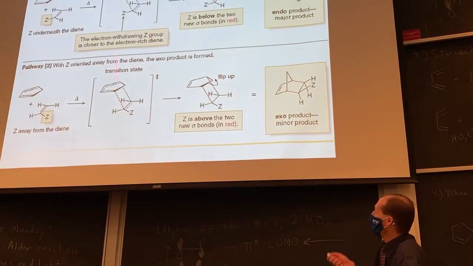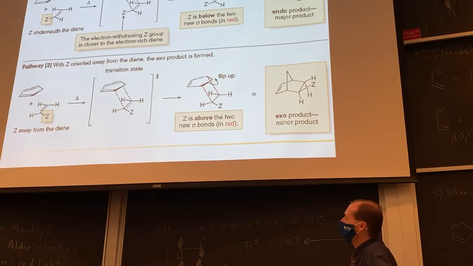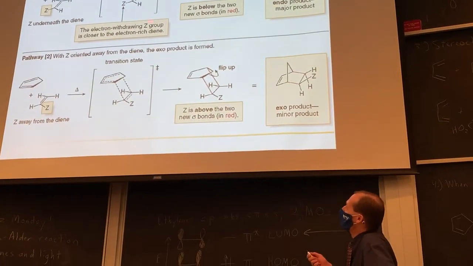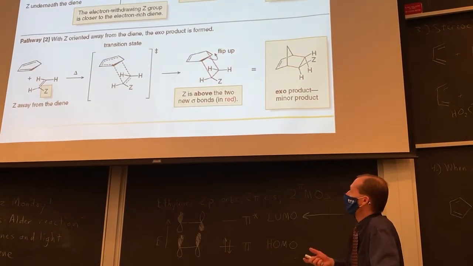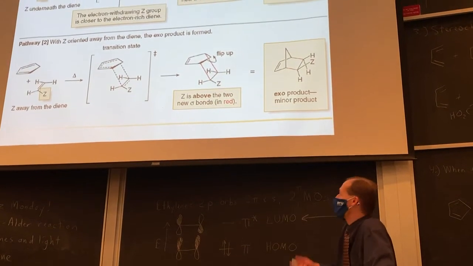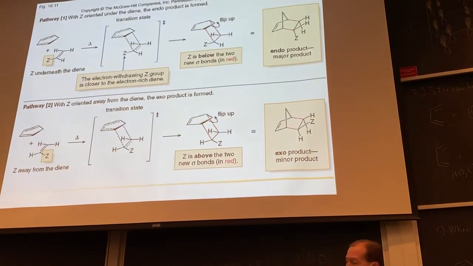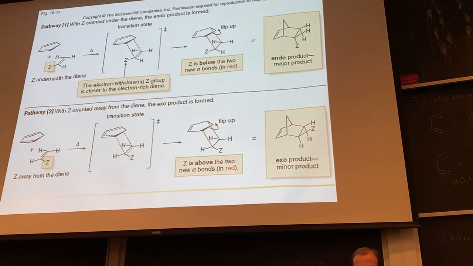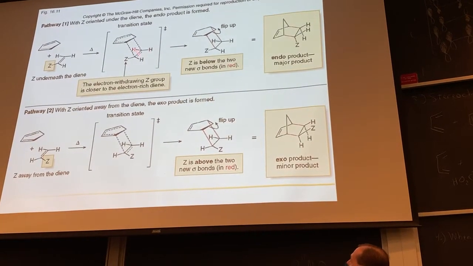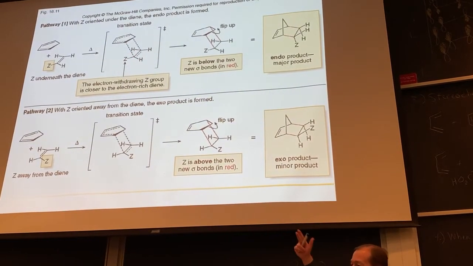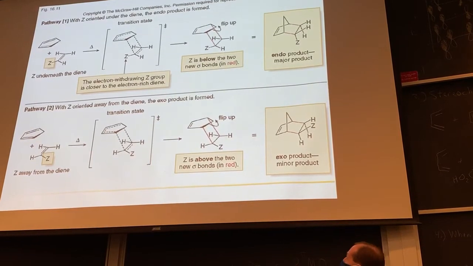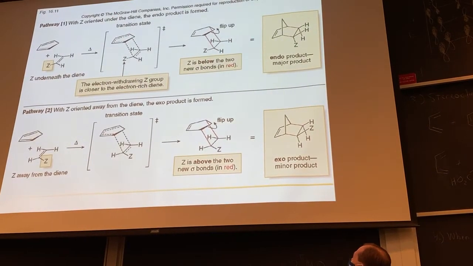So if you look at these transition states, you should be able to see that the upper transition state leading to the endo product is more crowded, more sterically hindered than the bottom transition state leading to the exo product. So if you were looking at steric hindrance, you would say this transition state is going to be higher in energy because of that steric strain. So this is going to be the minor product.